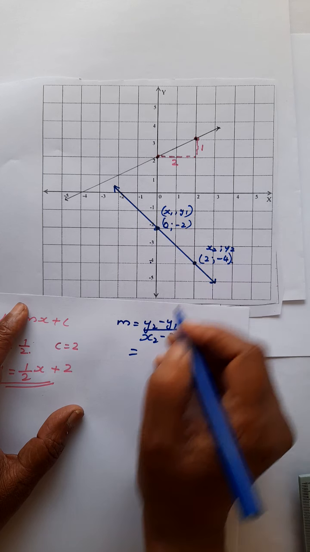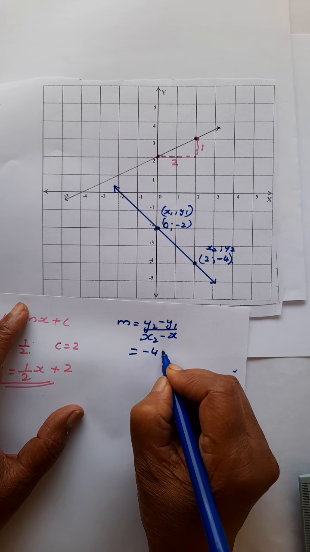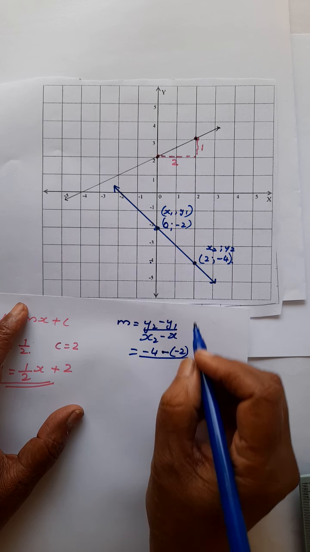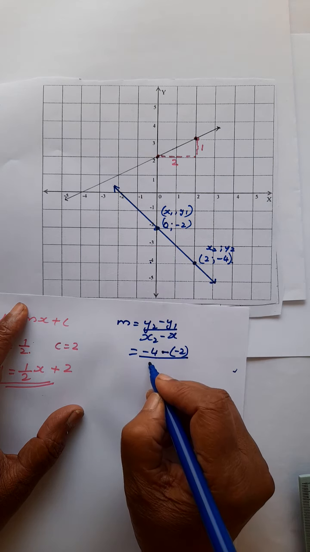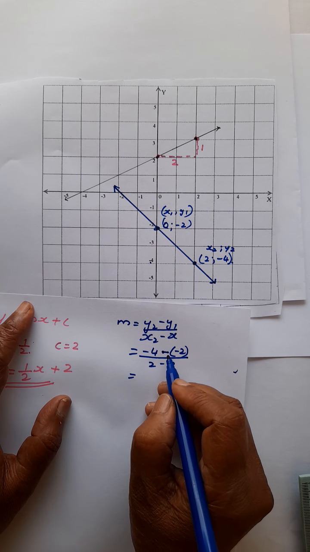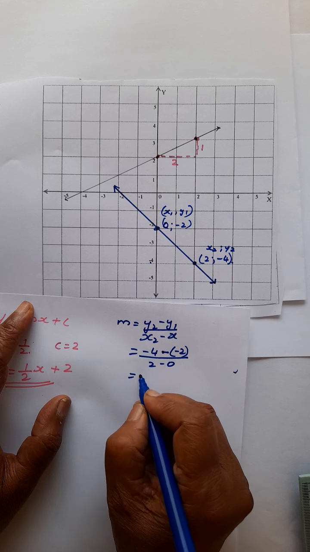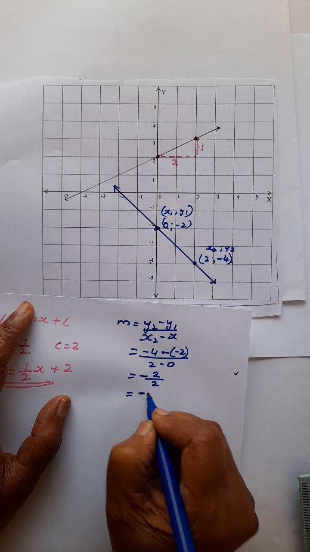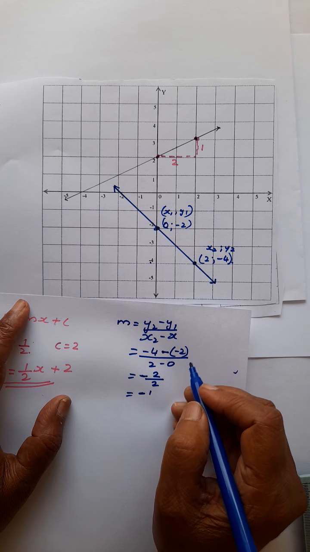So y2 is negative 4 minus negative 2 over 2 minus 0. So you get negative 4 plus 2, which is negative 2, over 2, that is negative 1. So m is negative 1.